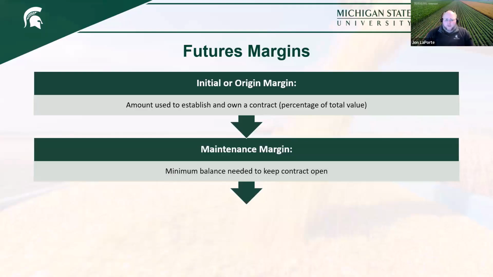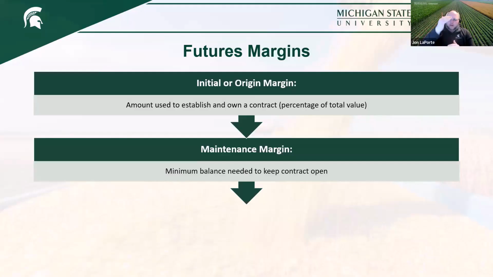The maintenance margin is the minimum balance needed to keep that contract open. So there's an initial amount of money that you're going to pay to establish the contract, and then you have to make sure that the value of that contract actually stays above a minimum. And that's what this maintenance level is.